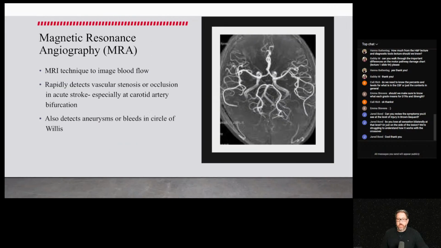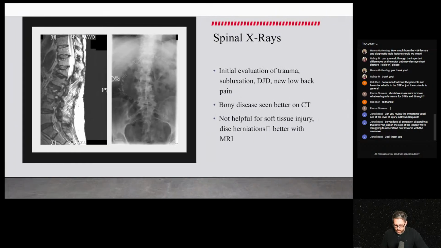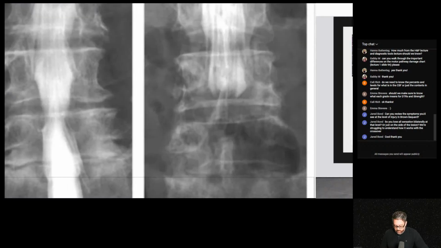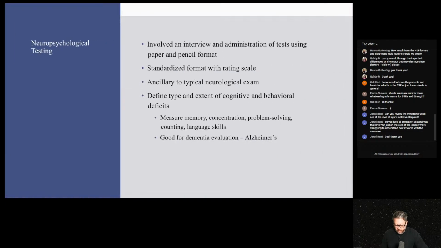PET scans, remember they're functional. MRA is looking at vasculature, make sure there's no stenosis anywhere. Aneurysms, make sure nothing's going on. Spine x-rays, muscle, carotids for TIAs, and your biopsies.